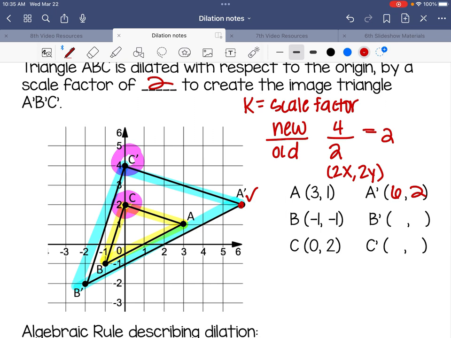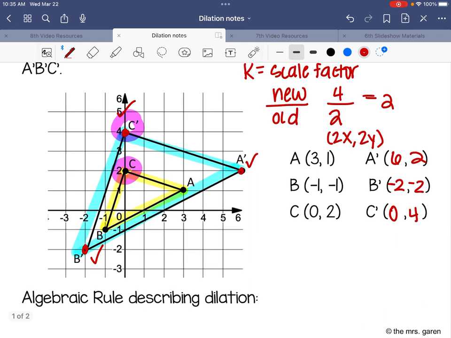Negative 1 times 2 is just negative 2, and negative 1 times 2 is negative 2. And again, that is where B prime is on my image shape. 2 times 0 is just 0, and 2 times 2 is 4. And lastly, that is the third and final point. So we know our scale factor was 2.